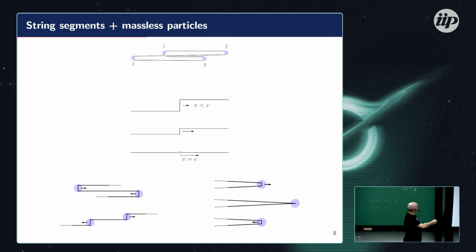Let's say these horizontal bits are static, and there is this vertical piece which moves with some perpendicular velocity v, less than the speed of light, obviously. But what I'm going to do is boost this to the right, but shrink its length at the same time.